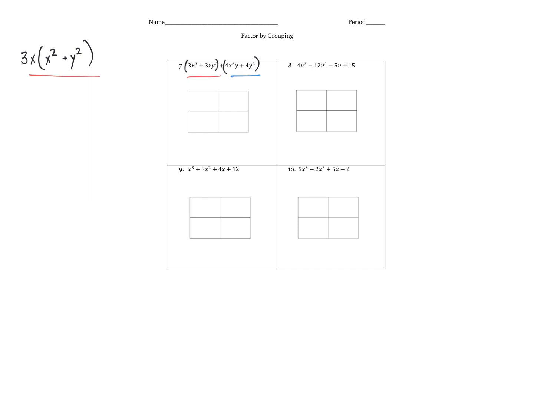And then the second group, let's look at that. 4x squared. Well, they both share a 4. Let's pull out a 4, but also can't pull out an x, but they both do share one y. So one y we can pull out. So 4y pulls out.